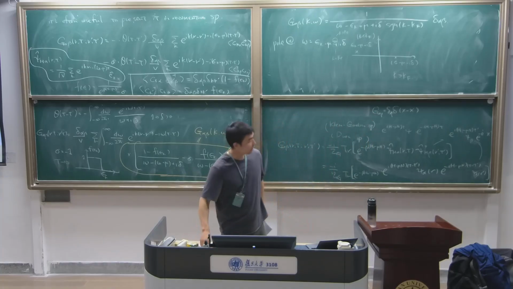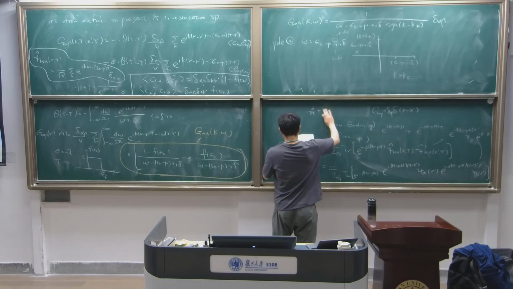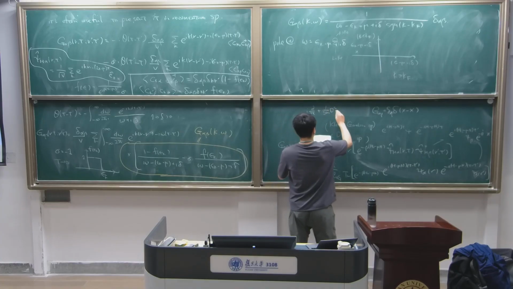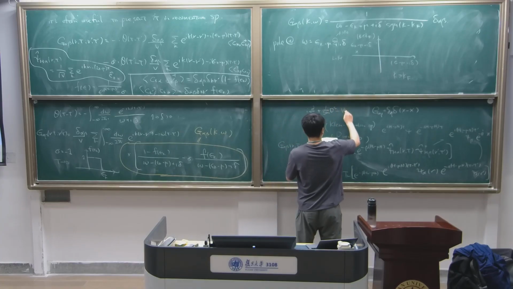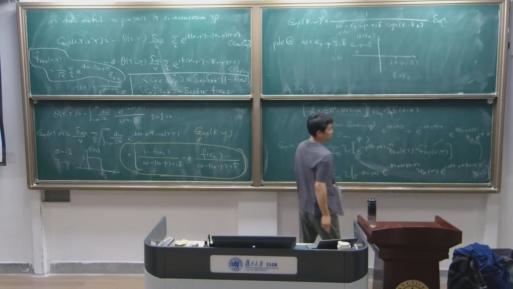So this Green function is just delta t plus some Green function, and you get a delta function.